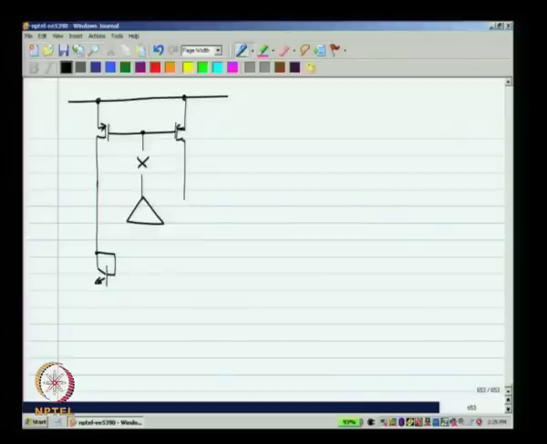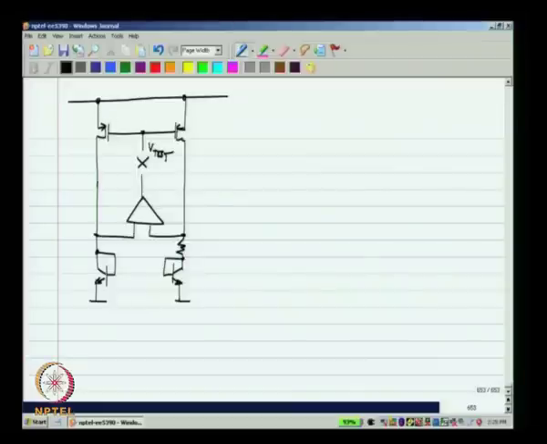I have chosen to break the loop at the output of the op amp, and I will apply a test voltage V test.